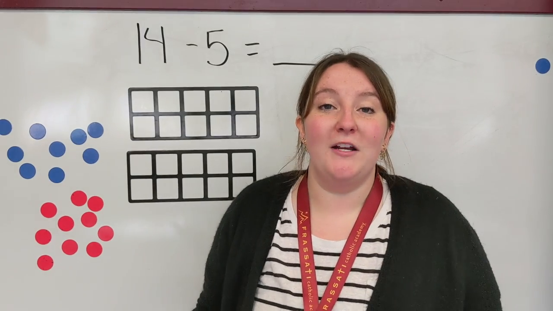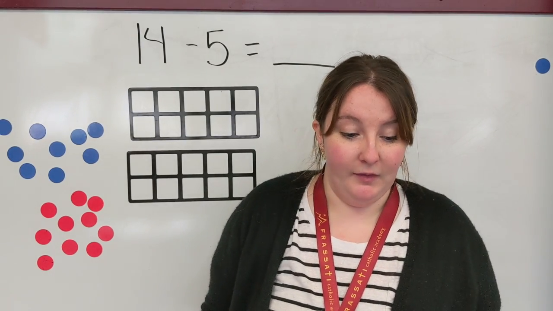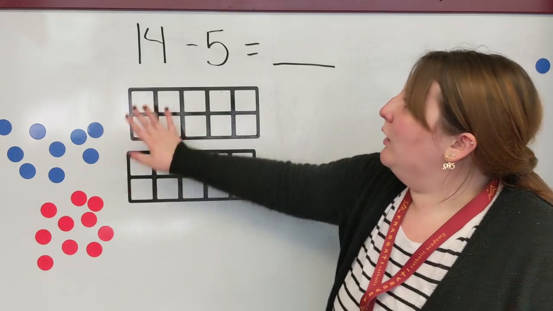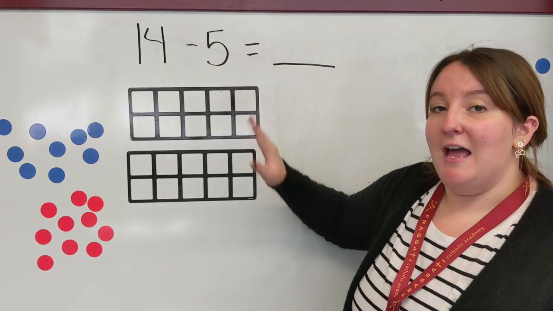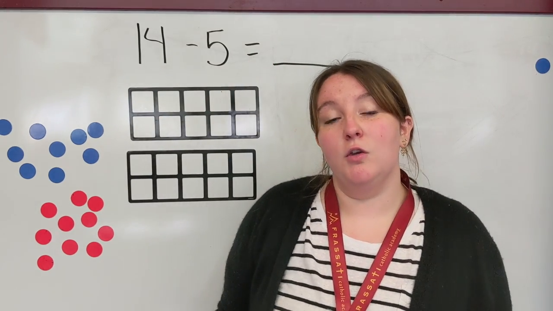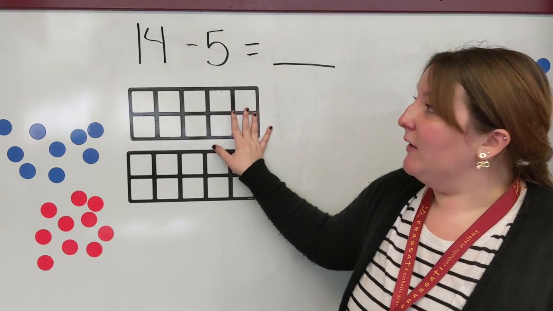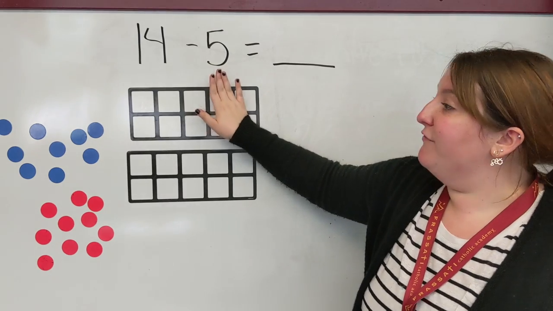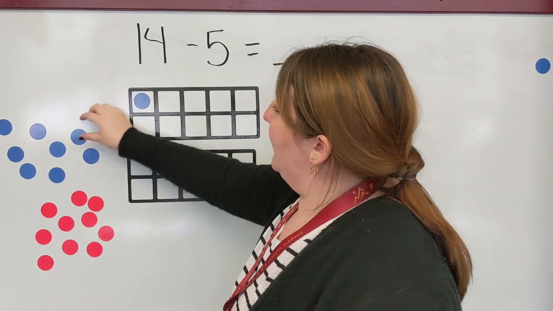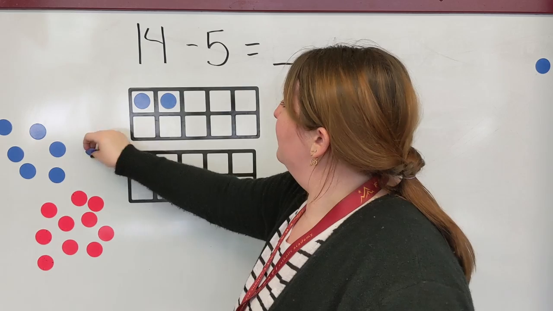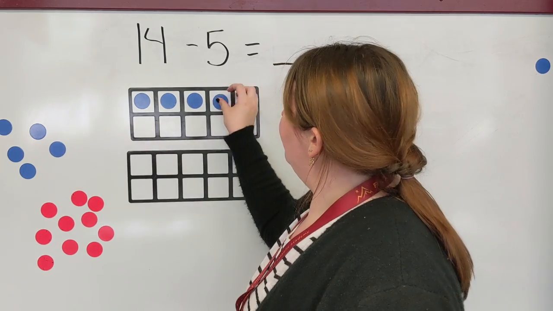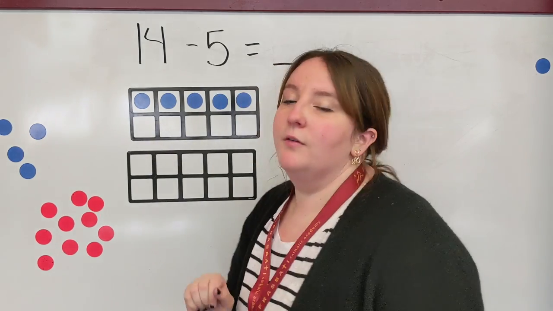Let's finish by trying number 3 together. We are trying to figure out 14 minus 5. And again, they want you to use your counters to solve. In my top tens frame, let's start with my 5. 1, 2, 3, 4, 5.